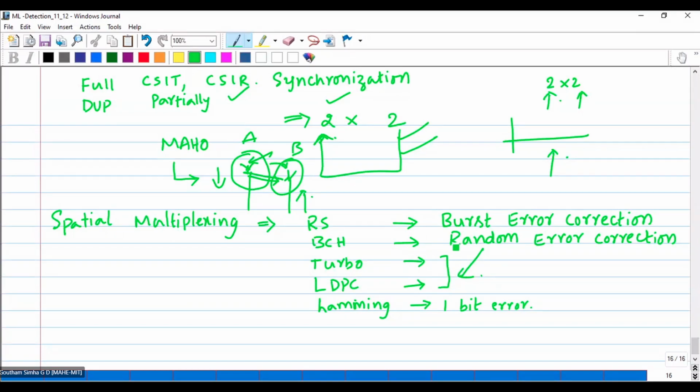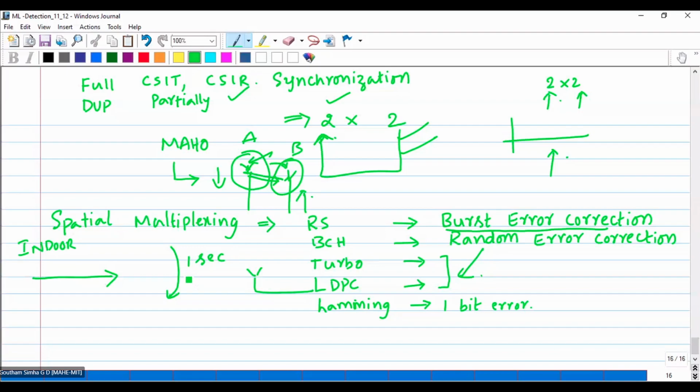If you want a burst error correcting code, you should know what a burst error is first. Let's say you are transmitting a piece of information, and you have a receiver which receives it. Now in between, assume you have one interfering device. Let's say this is my indoor and I have a fan over here, which disturbs every second.